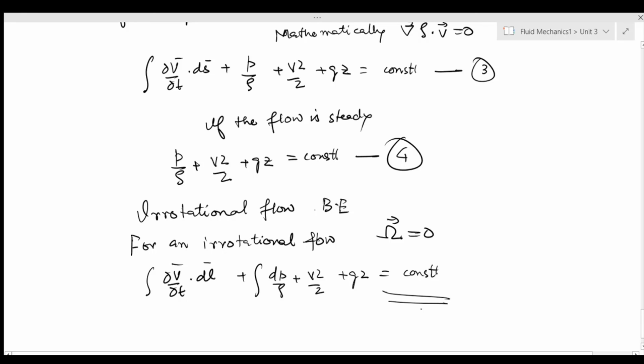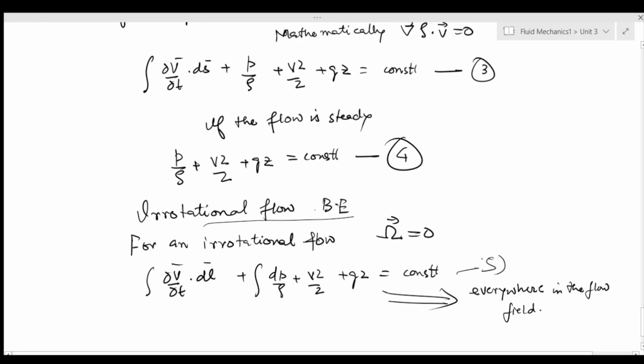Now in this equation, I have not assumed that I am moving along a streamline. Please see, I have not assumed here that I am moving along a streamline. So this holds everywhere in the flow field. So there is a bit of difference in this equation.